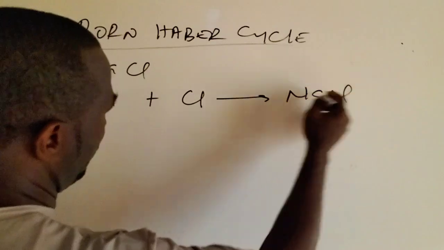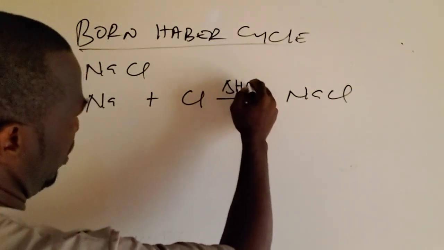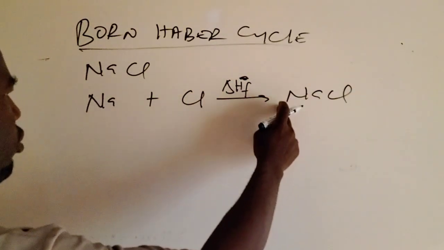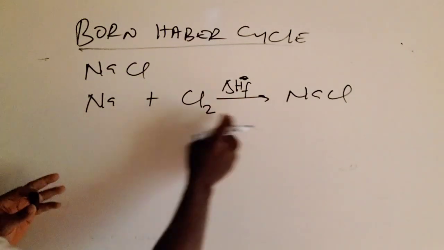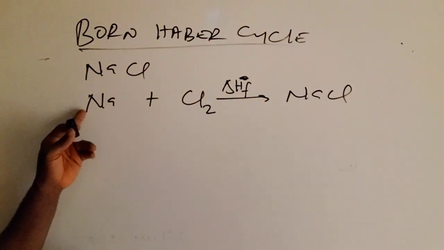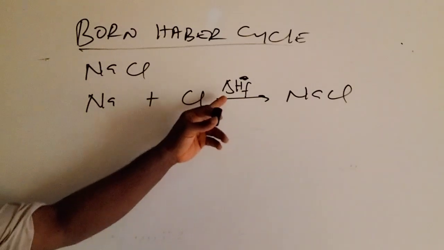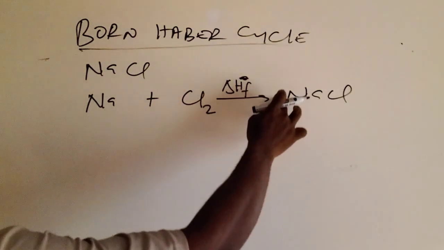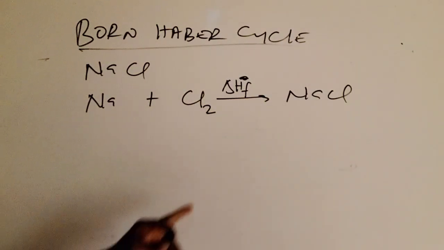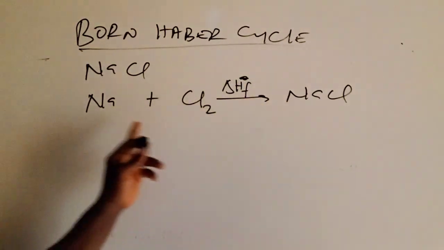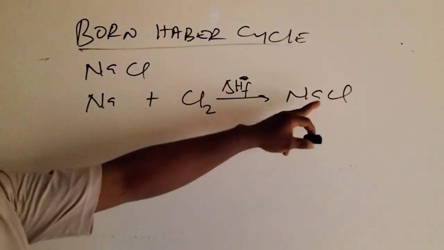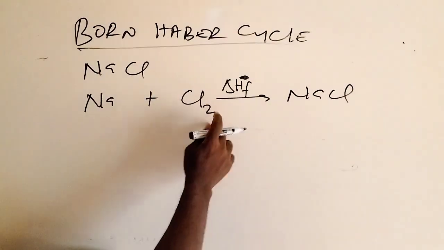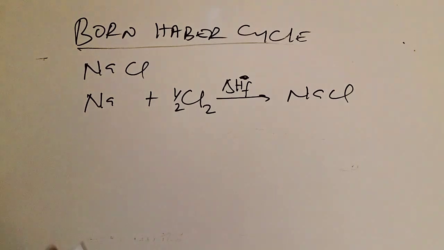We need the enthalpy of formation to do that. Remember that in formation, we're talking about 1 mole of the compound. Balancing the equation, we have 1 mole of sodium and 1 mole of sodium chloride, but for chlorine we have 1 atom on one side and 2 on the other, so we put a half here to balance it.